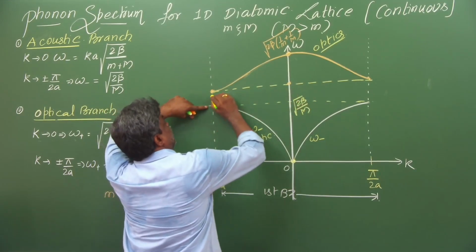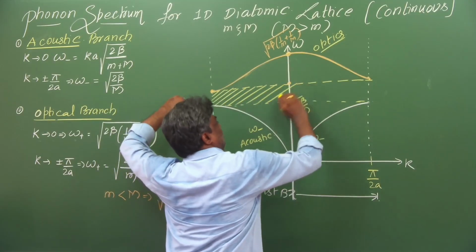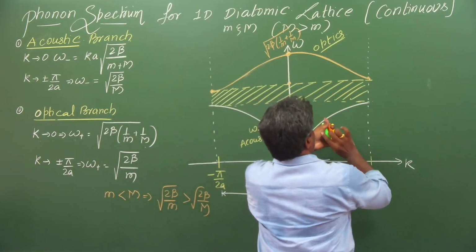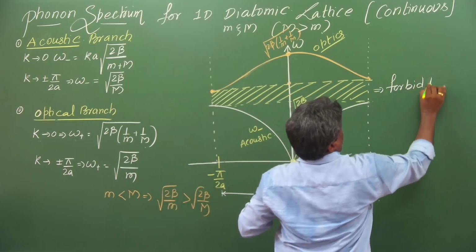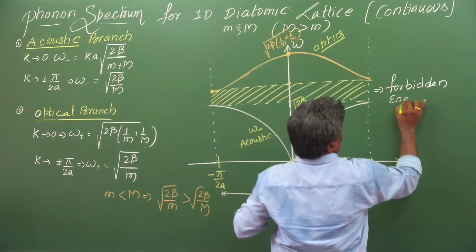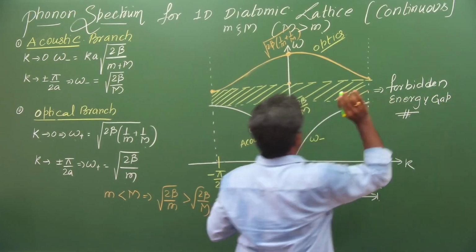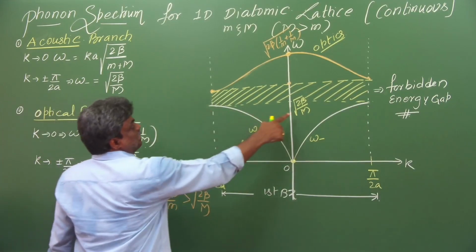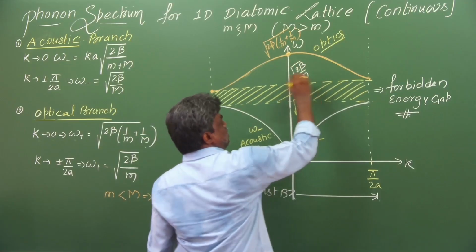That means here we are having a forbidden energy gap. So this is the forbidden, no energy transfer, forbidden energy gap. Okay, so this value is under root 2 beta by capital M and this value is under root 2 beta by small m.